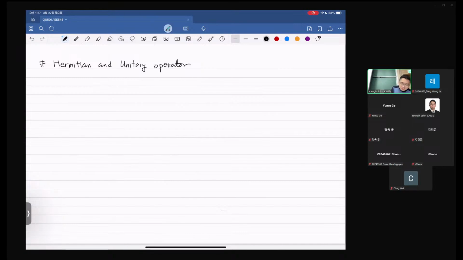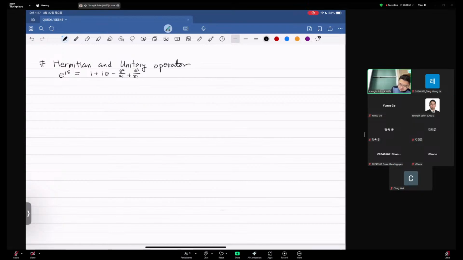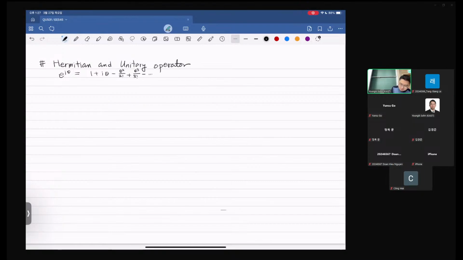So we will start again from this e to the i theta, the Taylor expansion, 1 plus i theta minus theta squared over 2, and so on, right? That was cosine theta plus i sine theta.